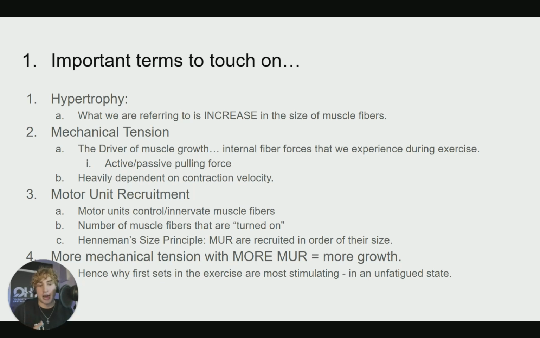Yes, you could turn yourself on sexually that way, but you're not going to turn your muscle fibers on by touching them. Stop touching yourself in your sets. You're not doing anything. What you actually need to do to increase motor unit recruitment is participate in a high-intensity effort. What we're looking for is something that's probably like 80 to 100% of your max effort, right? That is how we're going to activate those high-threshold motor units, the top end of the motor unit pool, which are activated later on in the set.